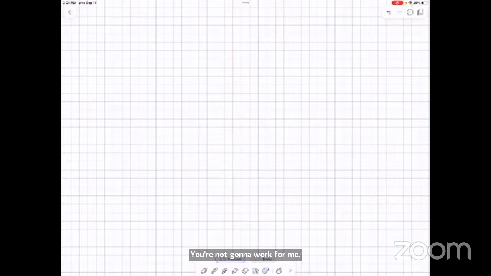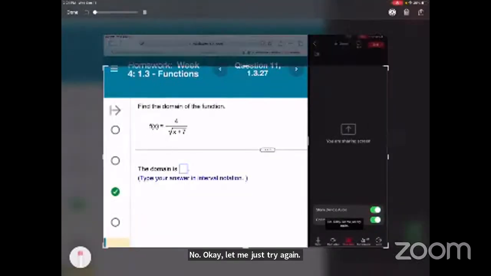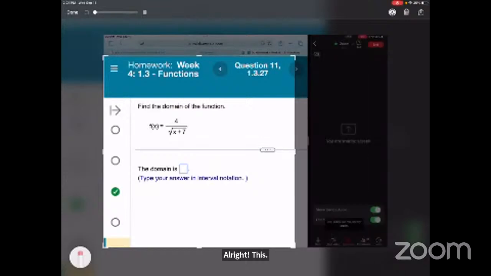Paste. No? Okay, let me just try again. I want this, and this comes from section 1.3, question 27.